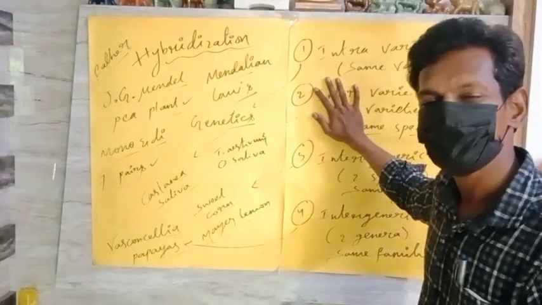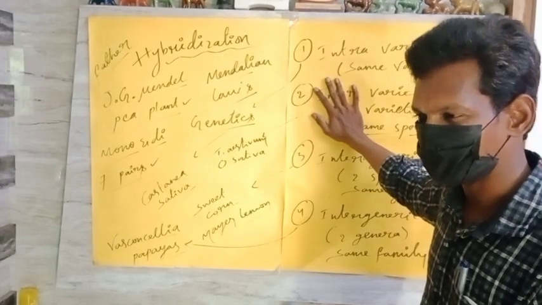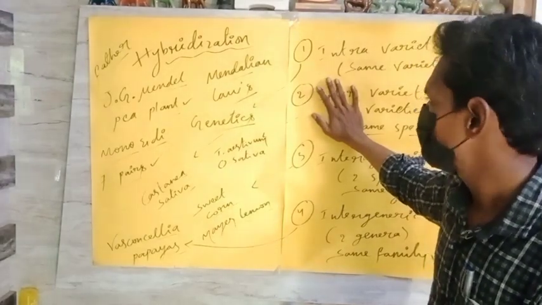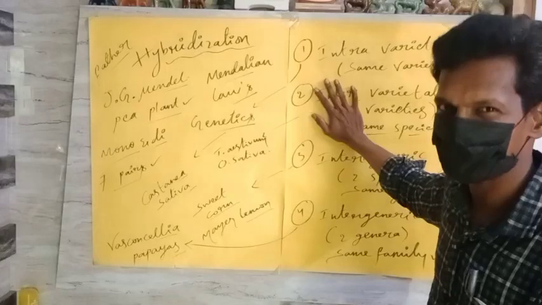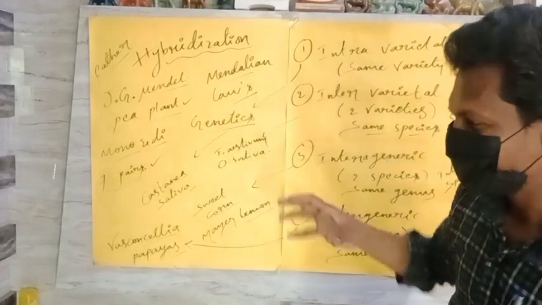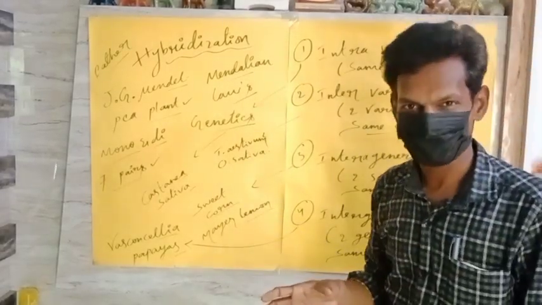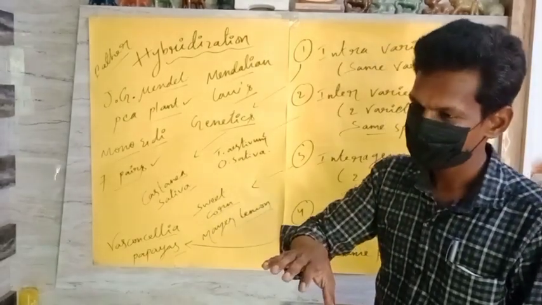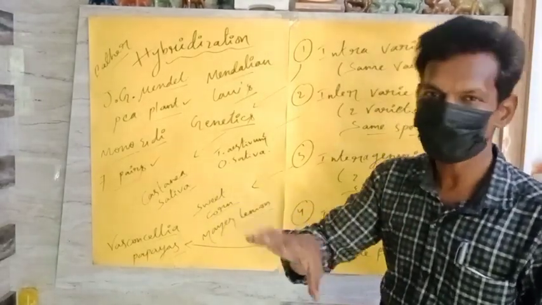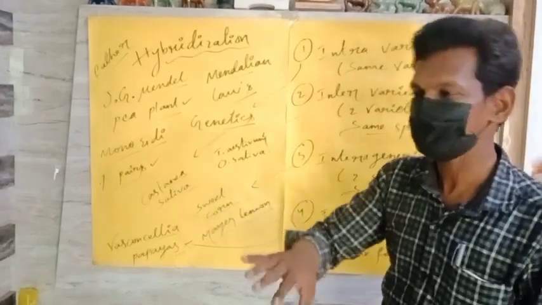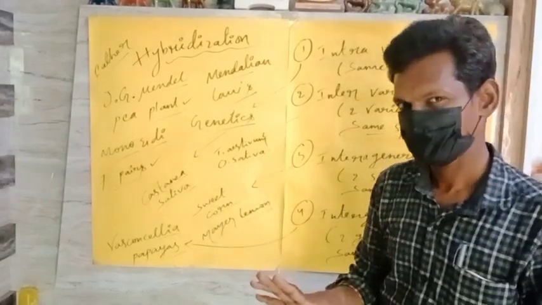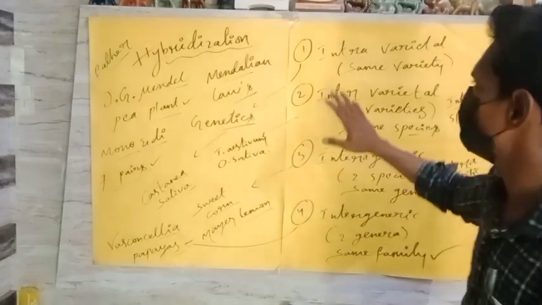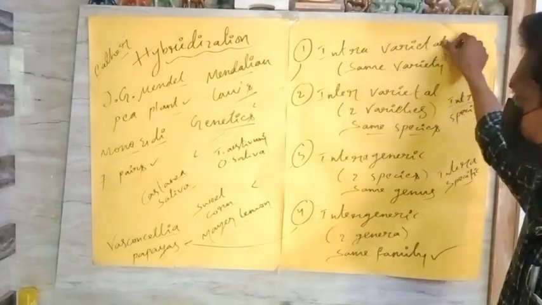So there are 4 categories of hybridization techniques based upon the interaction between organisms, whether they belong to species to species, genus to genus, or else family to family, order to order, class to class, division to division, etc.